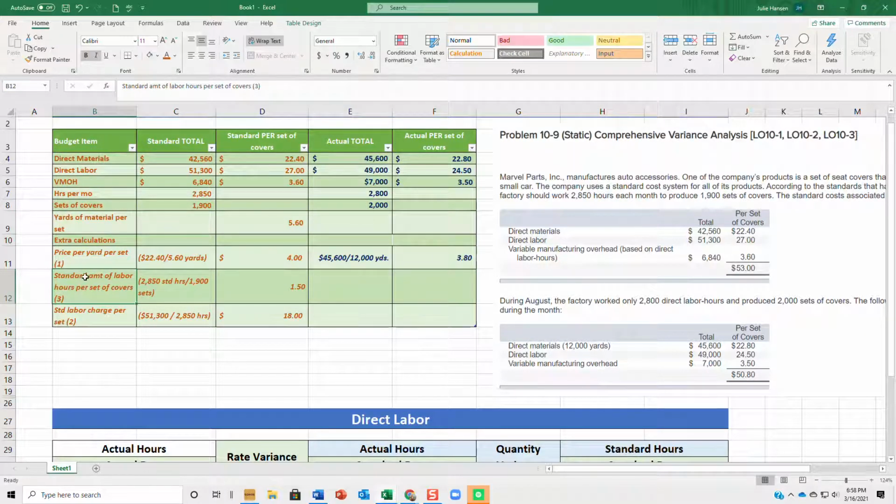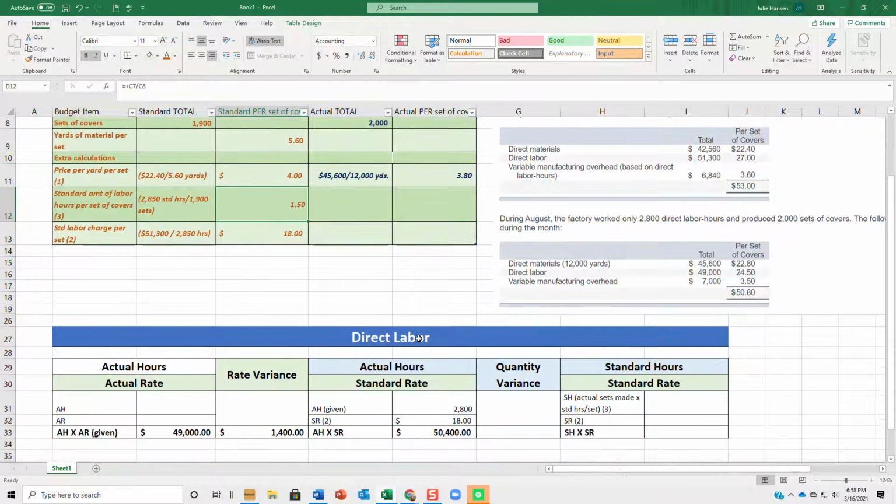So the standard amount of labor that I should be working, if you look up here, every month I should be working 2,850 hours, making 1,900 sets. So that's 1.50 hours. All right, I'm working 2,850 hours to make 1,900 seat covers. That's 1.5 hours per seat cover. So I'm going to enter that in there.